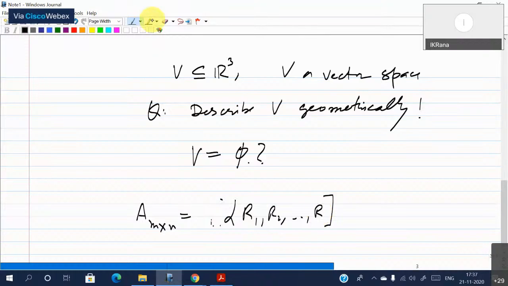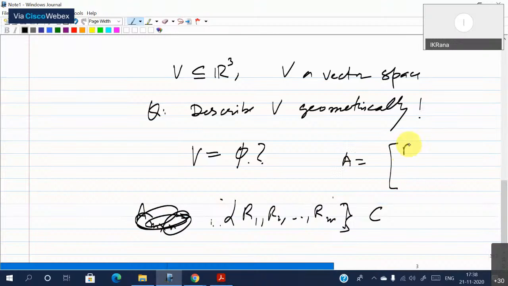How many rows will be there if it is m cross n? m rows and n columns, right? So m. A is a matrix with these rows. We want to write R1, R2, Rm. And look at the vectors: as I said, each vector has n components, so this is a subset of Rn. Look at this and look at the span of this.